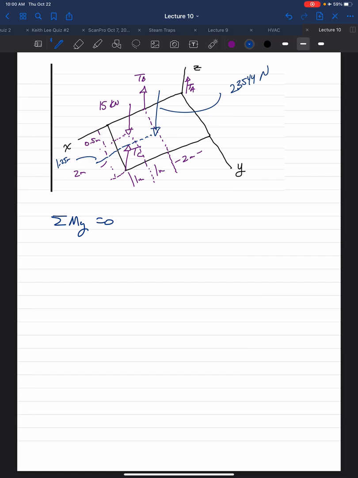So let's go. We have the weight. Perpendicular distance is 2 meters to the y-axis, plus the 15,000 Newton force. Perpendicular distance is 3 meters, minus TB.